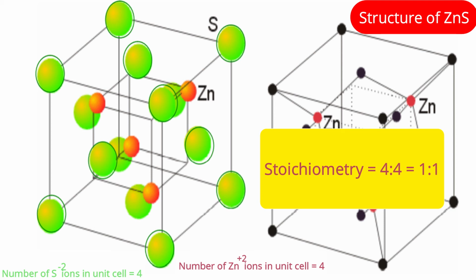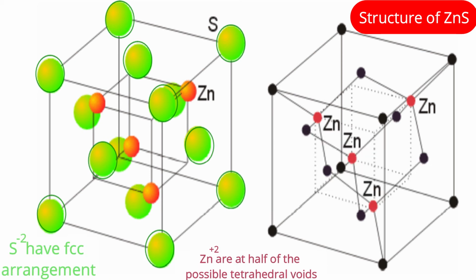Therefore, only half of the tetrahedral voids are occupied. Is the answer clear? So in conclusion, what can we say? The radius ratio rule has given us a very nice idea about the coordination number. That radius ratio rule is validated here because zinc has coordination number 4.